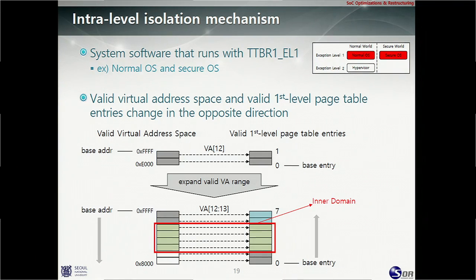In addition, Hilps copies the mapping information stored in the existing first level page table entries to the added top entries. This duplication lets Hilps maintain the legacy mapping when expanding the valid virtual address range.